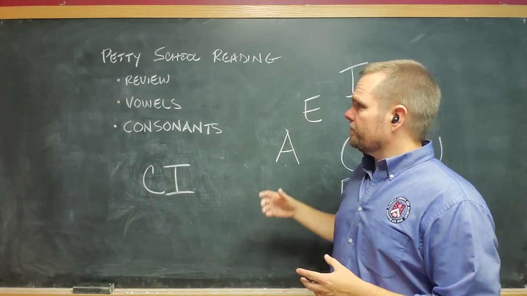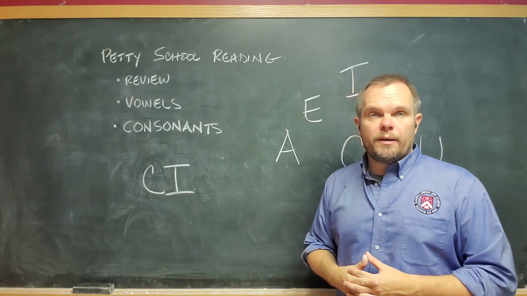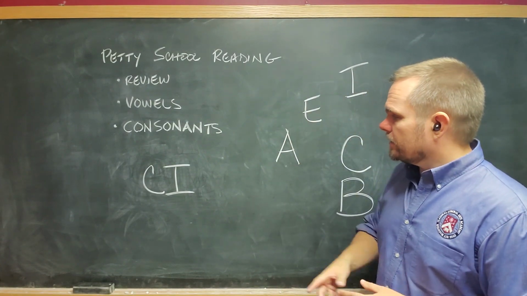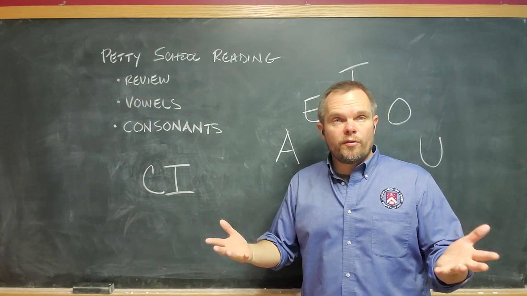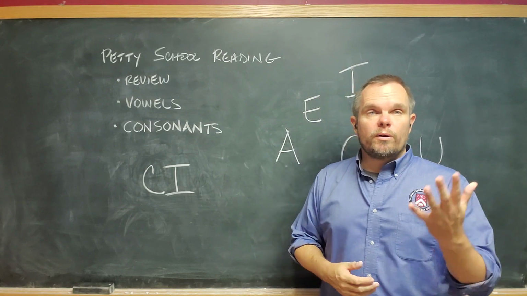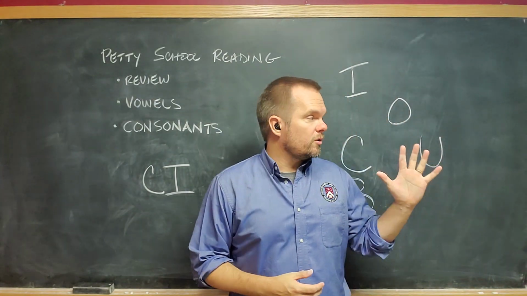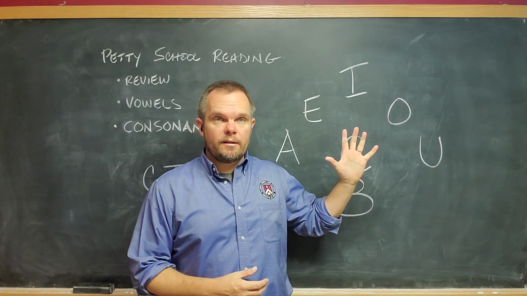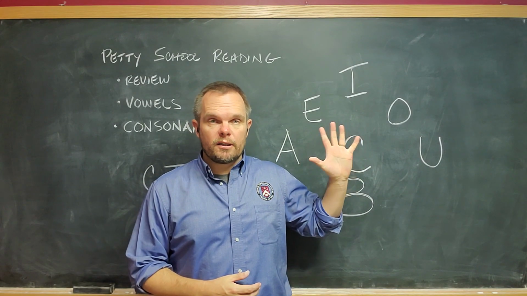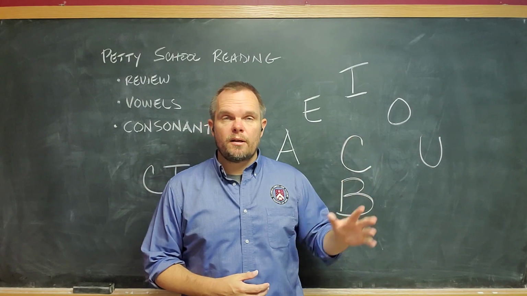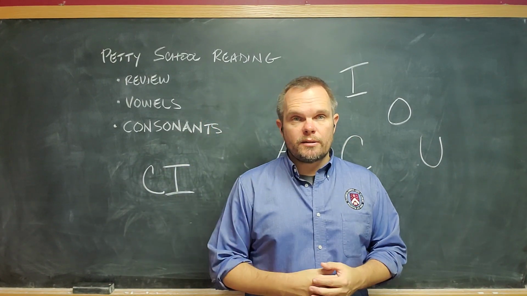So in this lesson, which is lesson 4 in Petty School Reading, what we learned is the consonant sound K. So far in Petty School Reading, we've learned 5 vowels, which you should remember using your hand: A, E, I, O, U. 5 classical Latin vowel sounds, and we've learned 2 consonants so far.